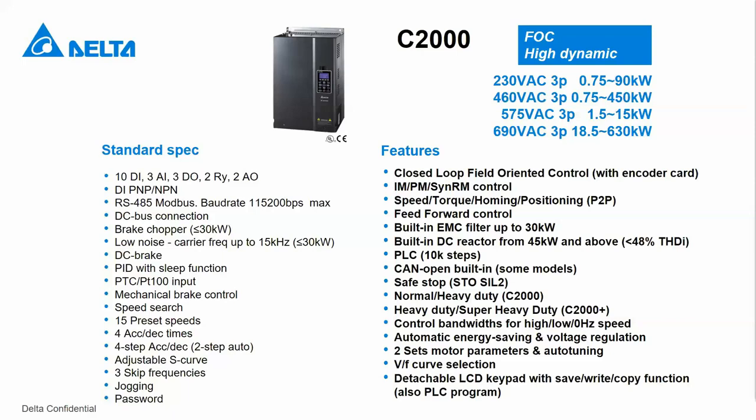So you can save them to the keypad and then upload them. You can connect the keypad to other drives and then move it to a different drive. The keypad also supports user design screens similar to a mini HMI or a text panel, and that can access different addresses in the drive or in the built-in PLC. And later on today, I will show you some functions related to positioning and to synchronization.